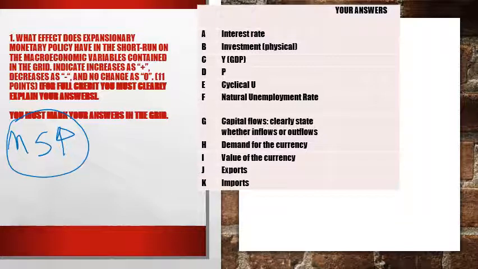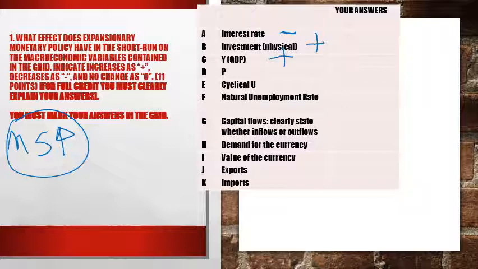That's expansionary monetary policy. So what happens to the interest rate? The interest rate goes down. Investment, physical. Do companies borrow more or less? They borrow and spend more. GDP, up.